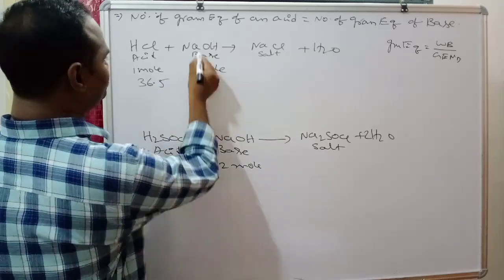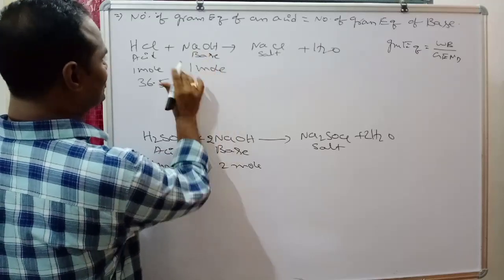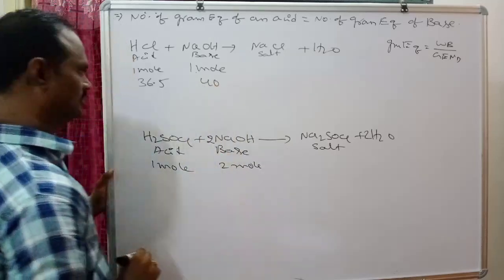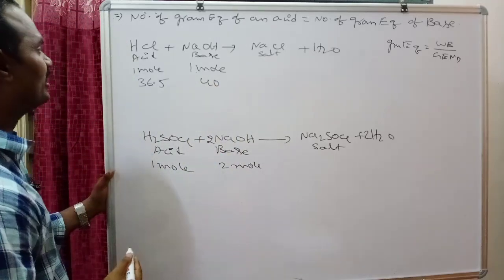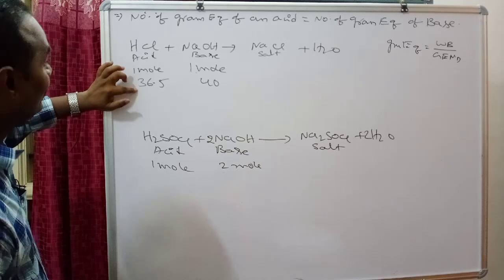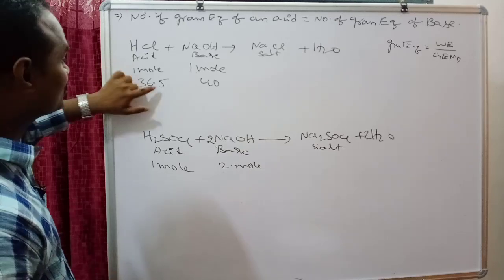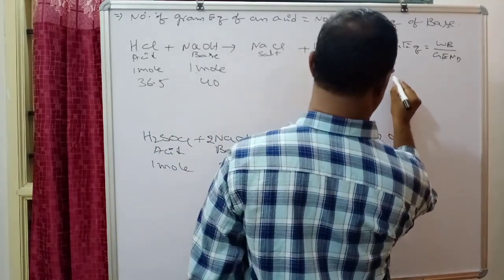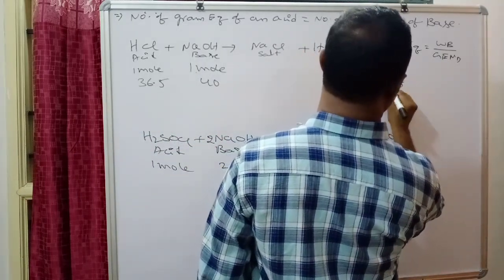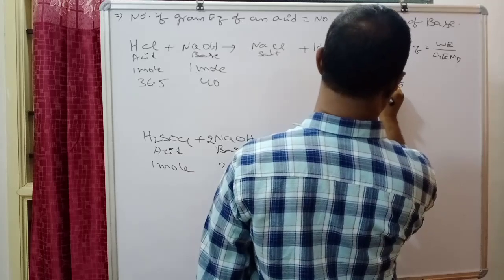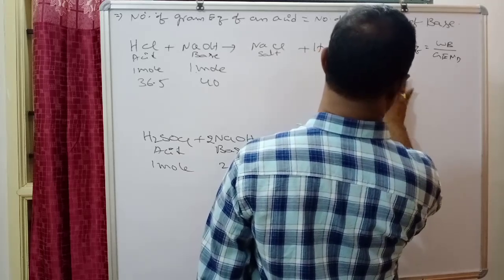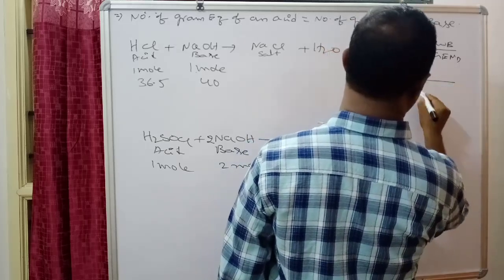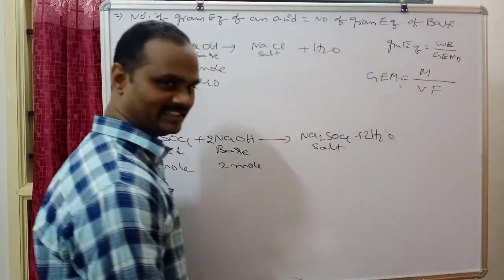Sodium hydroxide is 23 plus 16 plus 1, altogether 40 grams. Now, gram equivalent mass is equal to molar mass by valency factor.